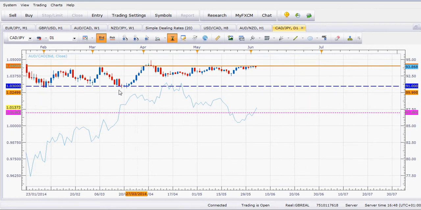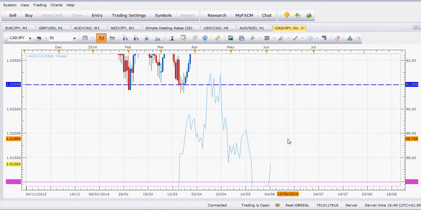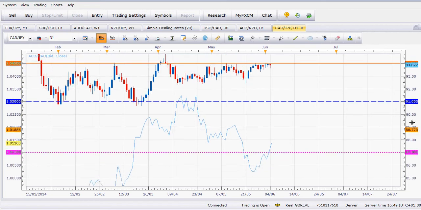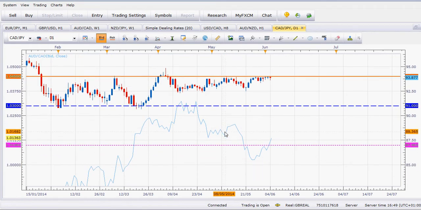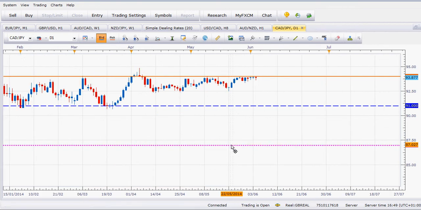And if we looked at the daily, it might be easier to see like that. Okay, so this falls, this rises. They sort of are a mirror version of each other, but I might be better off just expanding this.